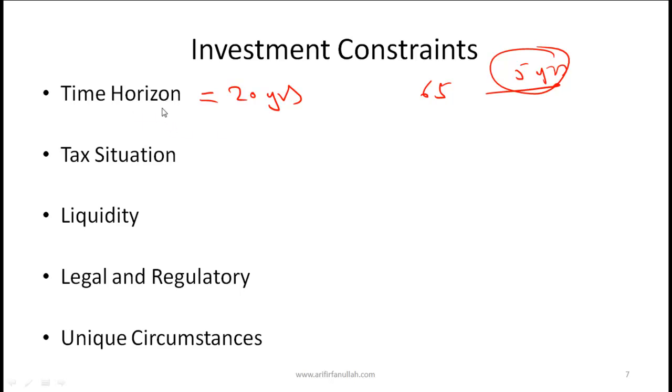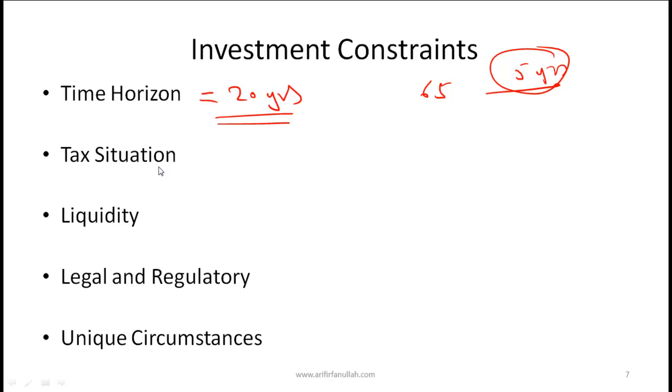Because this helps us determine, among other things, the risk objective. Clearly, a client who has a longer time horizon can take a little more risk because he will not be as concerned about the short-term fluctuations in the capital markets. So time horizon refers to after how long the money needs to be taken out, and that determines, among other things, our riskiness.